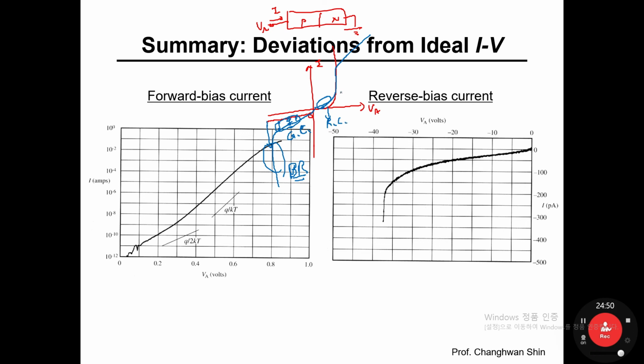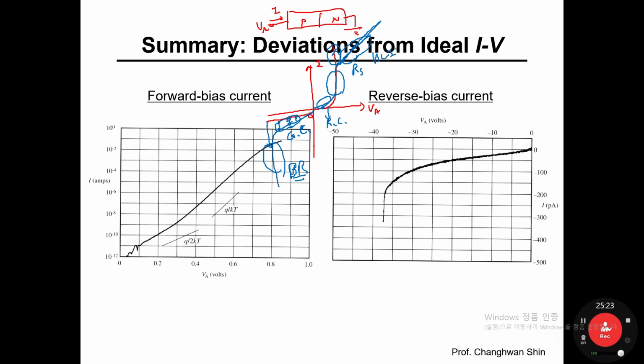Okay, and this part has been well matched to the ideal one, and at the very strong, full high forward bias regime, the diode becomes a resistor. Why is that? Why can the exponentially increasing current never be achieved at the high forward bias regime? Because of the series resistance, because we should take into account the additional voltage drop happening in the quasi-neutral region on both the p side and the n side, as well as high level injection.